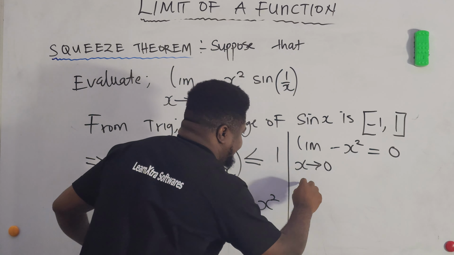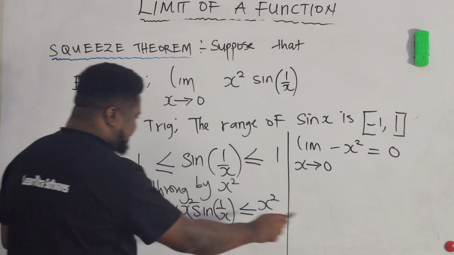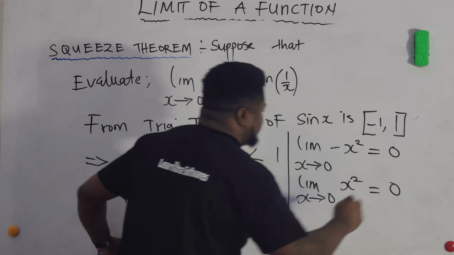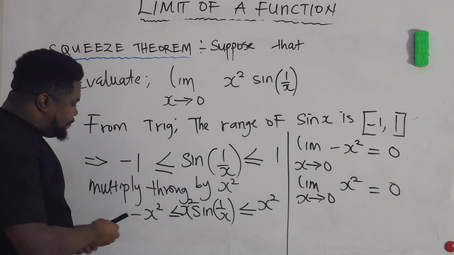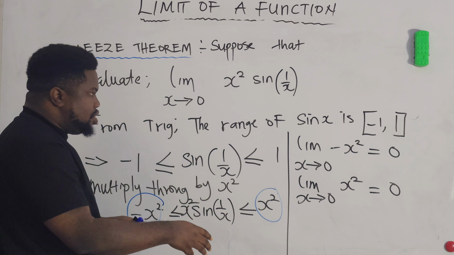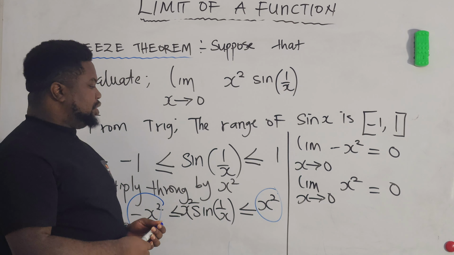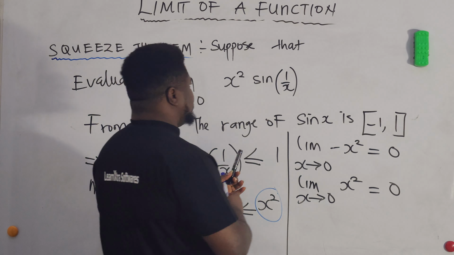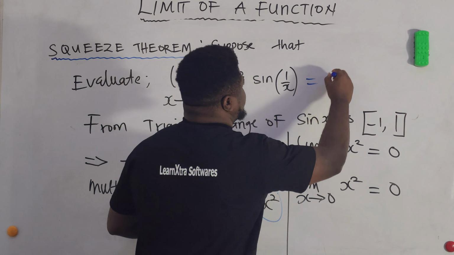Also, the limit for the right hand side, as x goes to 0 for x squared, what is it? 0. Since the limit of this point and the limit of this point are equal, the function squeezed in between must also be equal to 0. Therefore, we can say that the limit of this function is equal to 0.